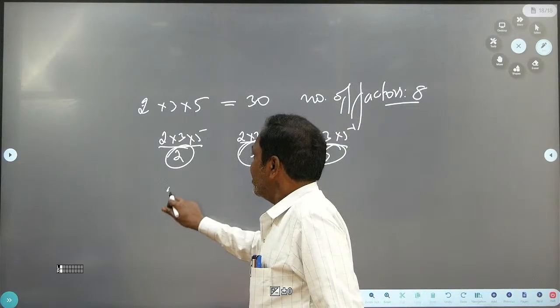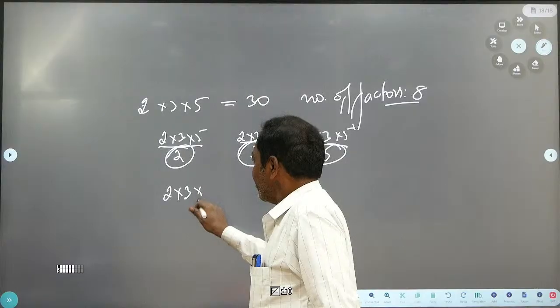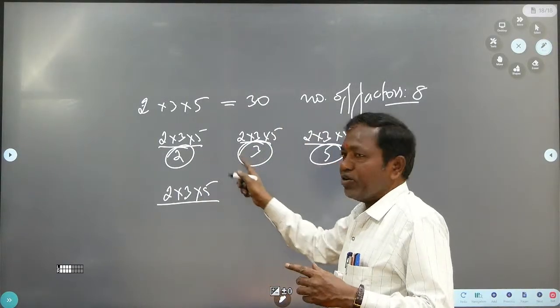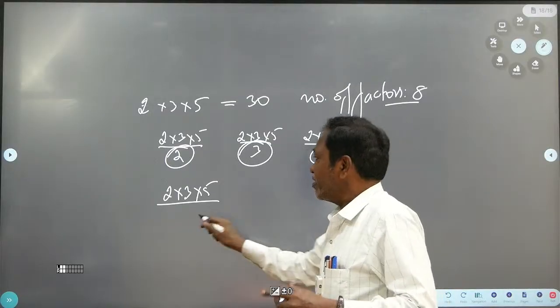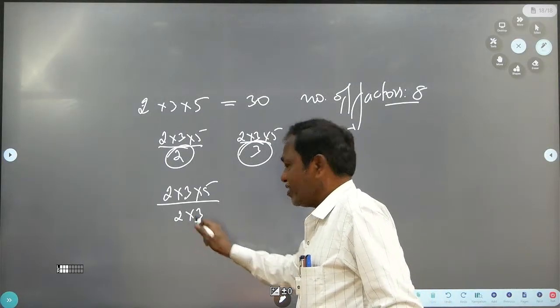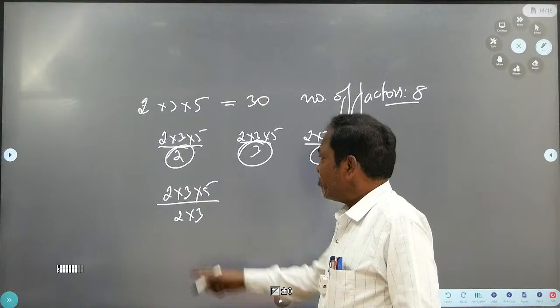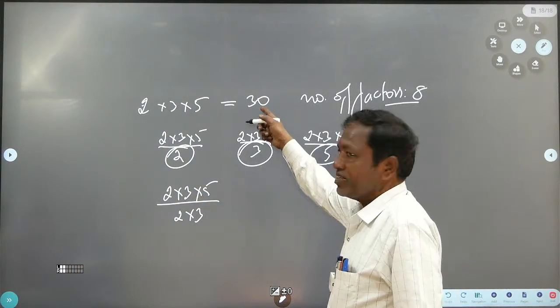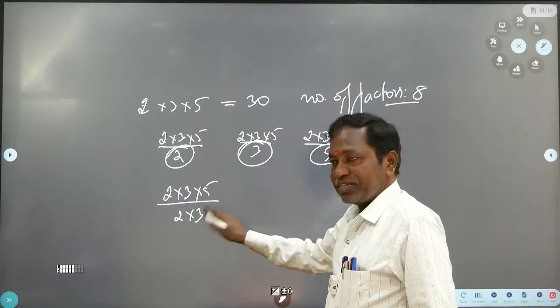And now we can see 2 into 3 into 5. We have taken only one number. Now let us take two numbers, like 2 into 3, which is 6, and the number is also a multiple of 6, so divisible by 6.